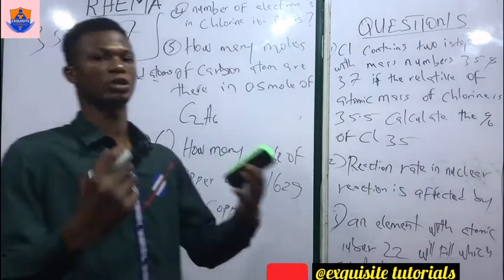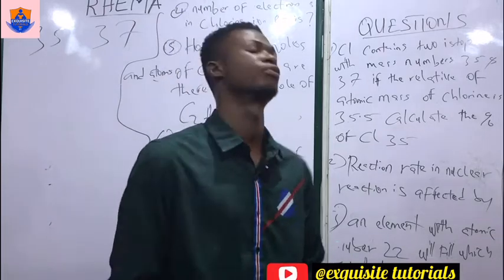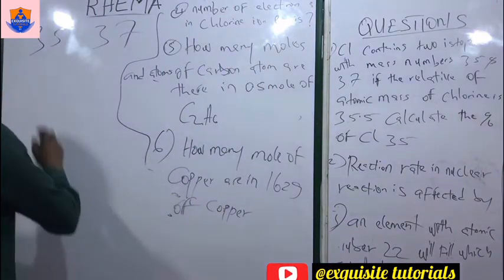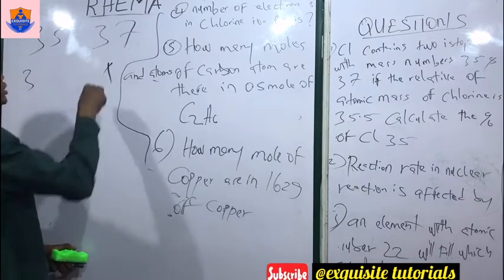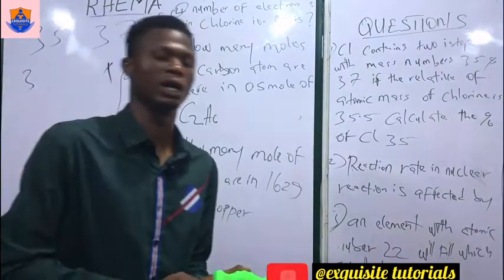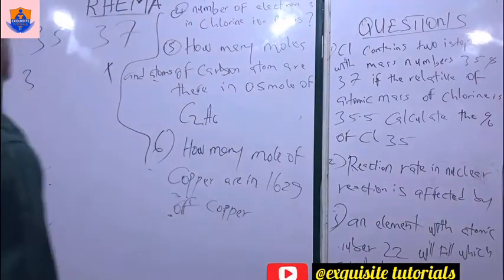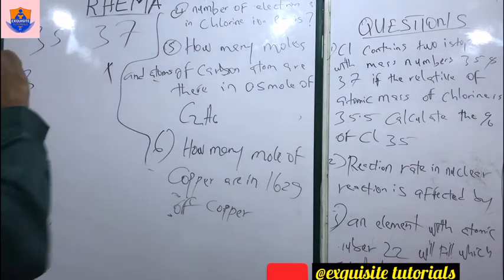Okay, let's say 35, 37. What if we are told that the ratio of chlorine 35 is 3 and the ratio of chlorine 37 is 1, and we are asked to calculate the relative atomic mass of chlorine.